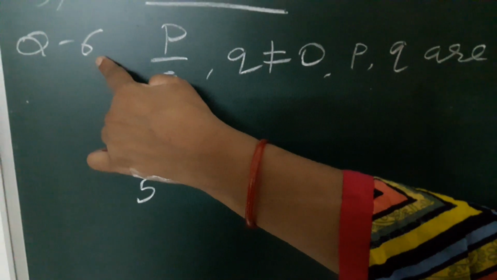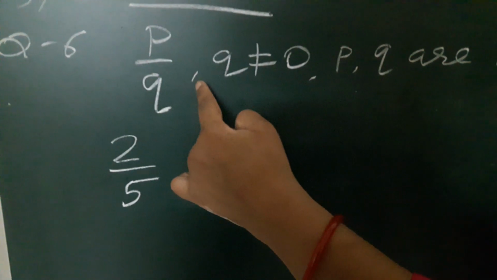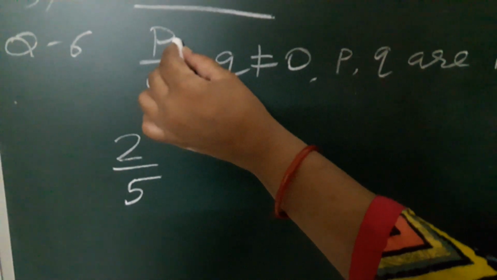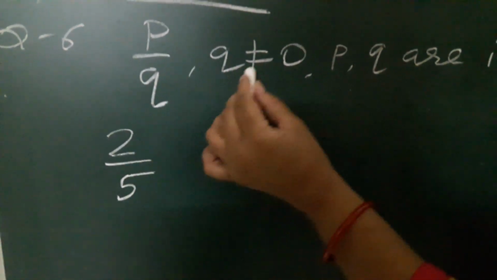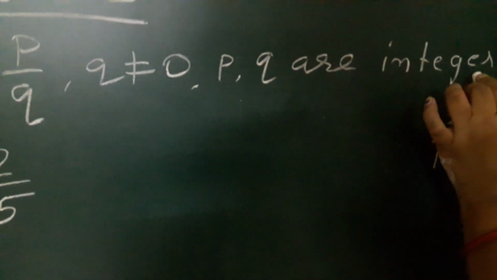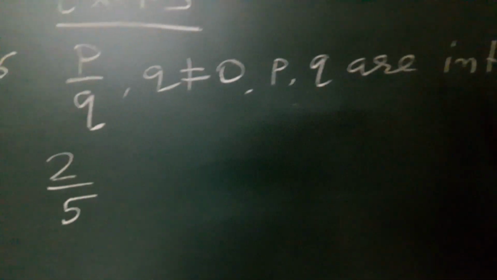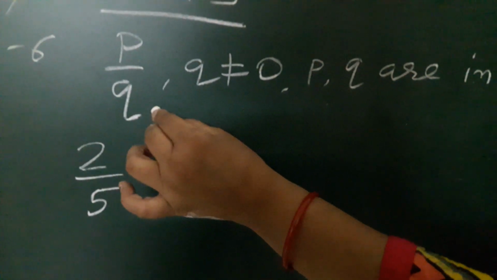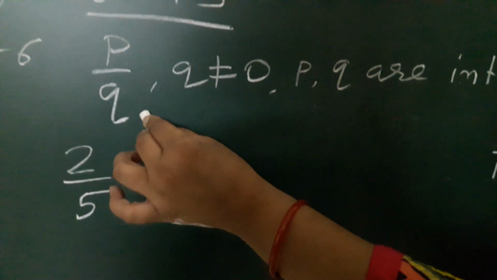Now in question number 6 we are given that a rational number in the form p by q, q not equal to 0, where p and q are integers, has a terminating decimal expansion.